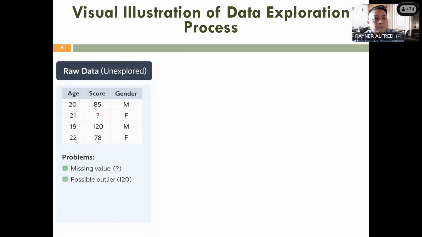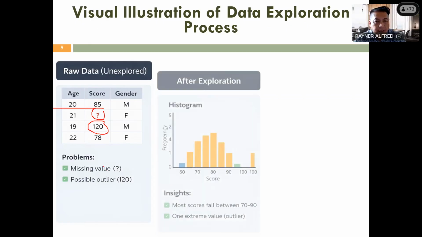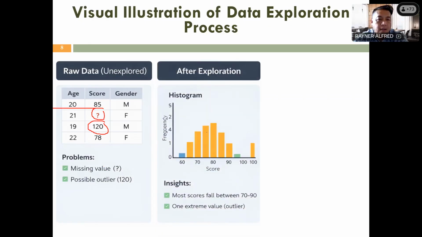So for instance, like this one. We have this raw data, and we know that we have a missing value here. At the same time, we also have a possible outlier here. These are samples of the activity.